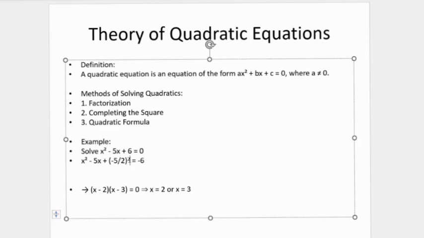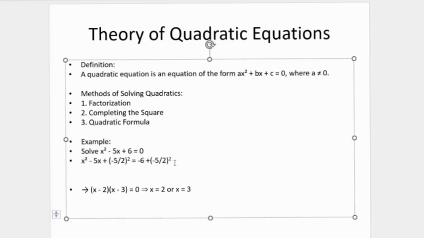You add it to this side, and then you also add it to this side, right? So this is the next step now. You take the coefficient of x, divide by 2, square it, and add it to both sides.